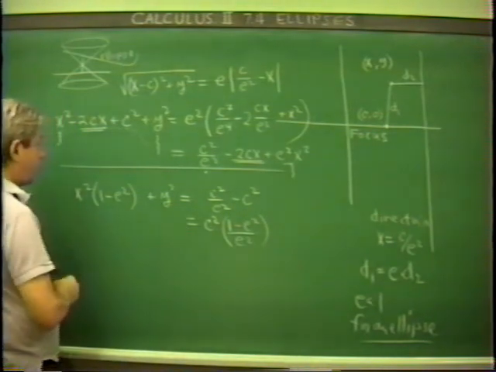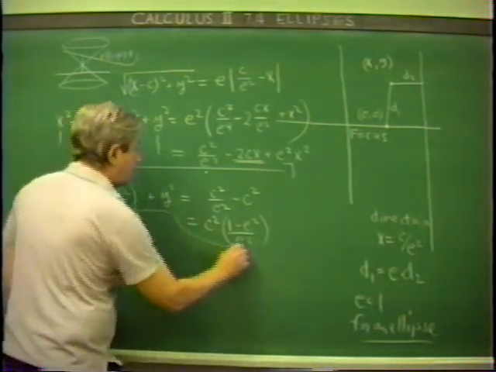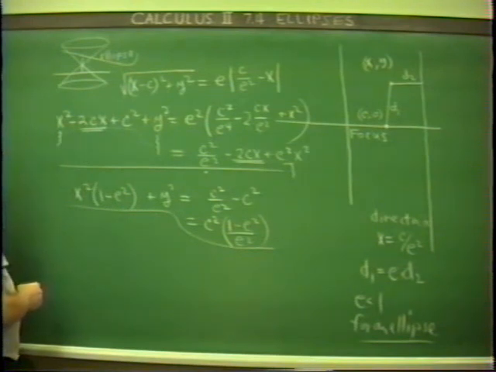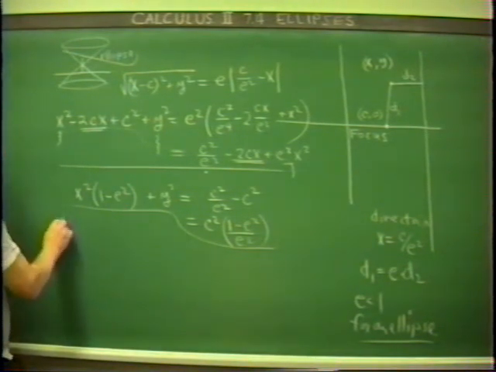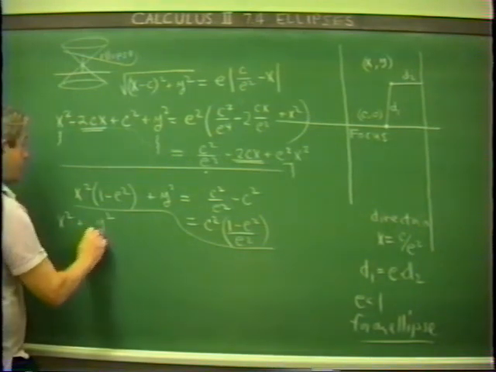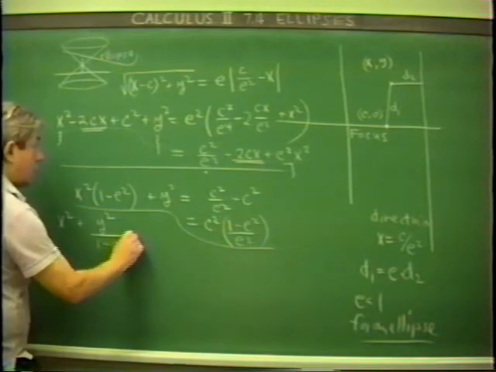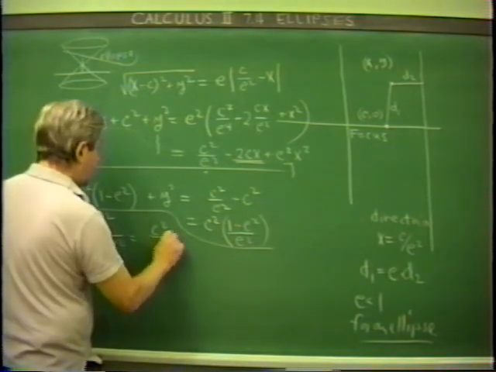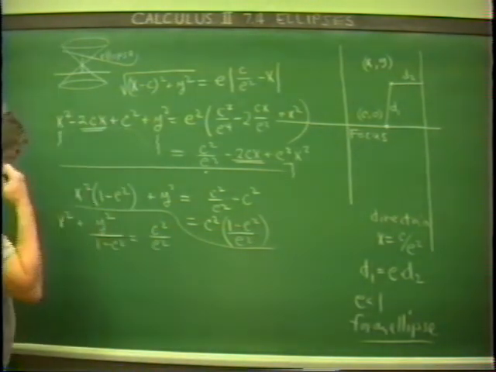So we have this situation right here. And now I'm going to divide both sides by 1 minus e squared, so I've got x squared plus y squared over 1 minus e squared is equal to c squared over e squared.